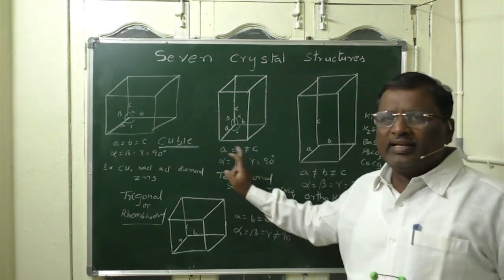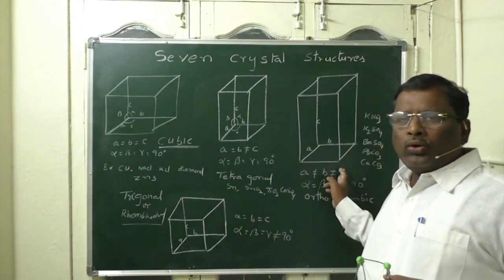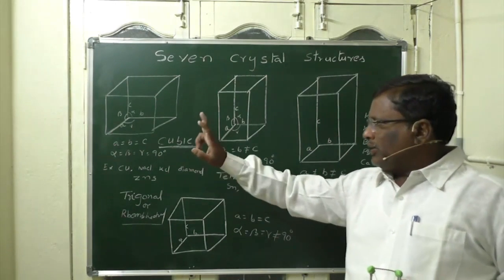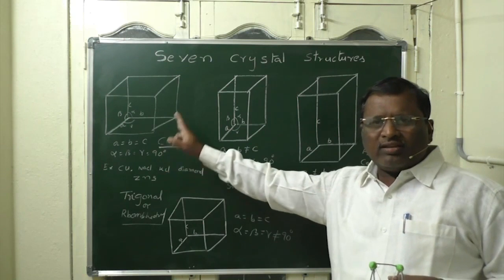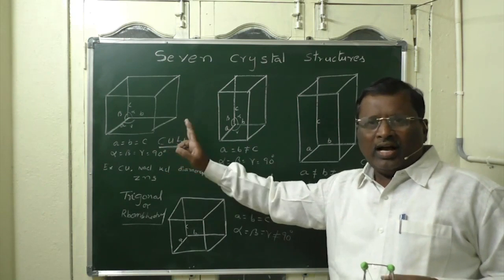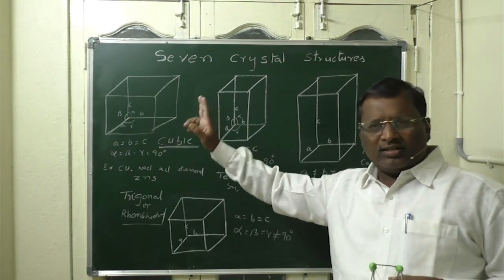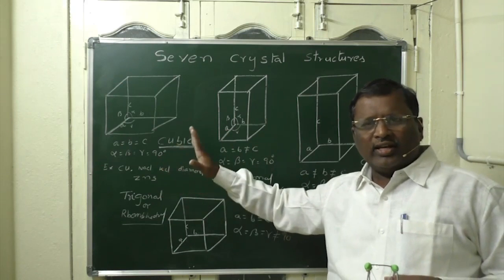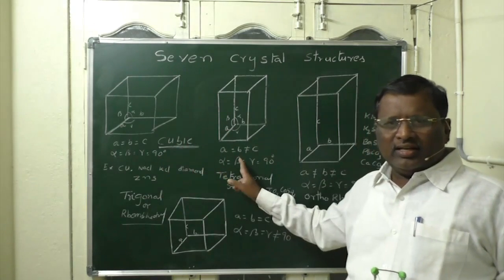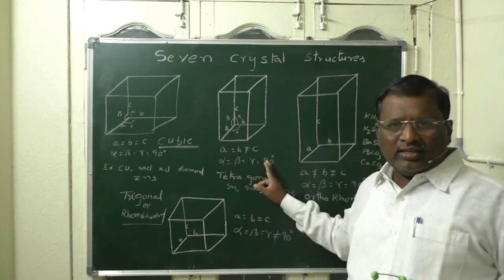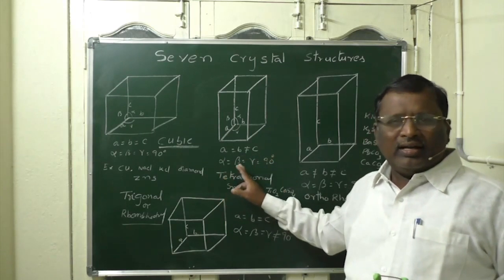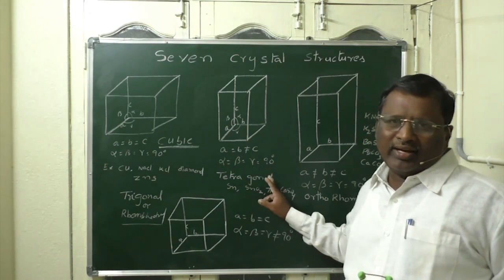So, CTO. Here remember, in cubic structure, A is equal to B is equal to C, alpha is equal to beta is equal to gamma equal to 90 degrees. Here A is equal to B, but is not equal to C, but alpha, beta and gamma are equal to 90 degrees.